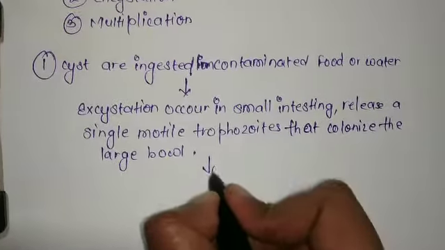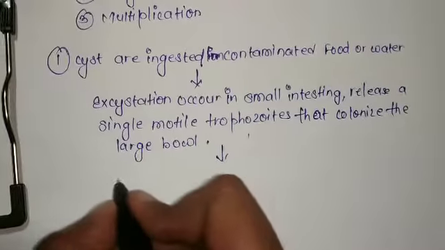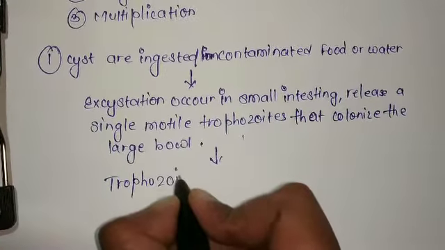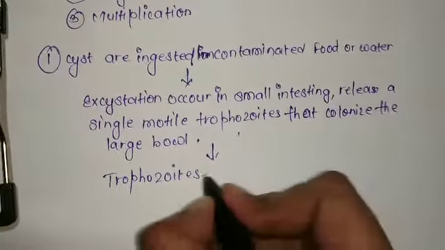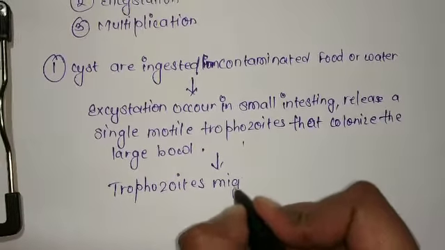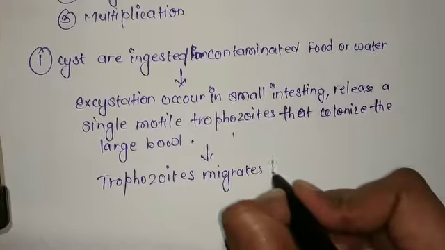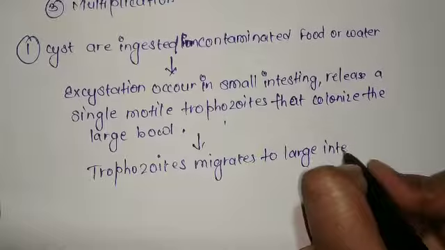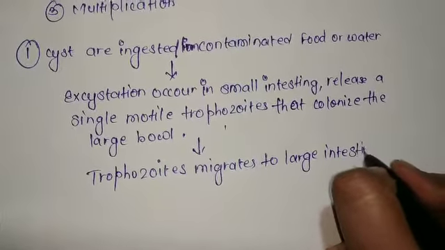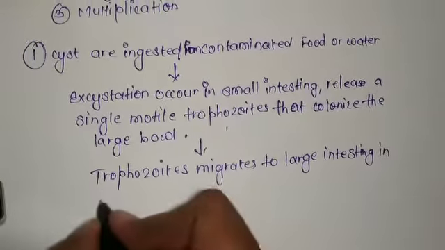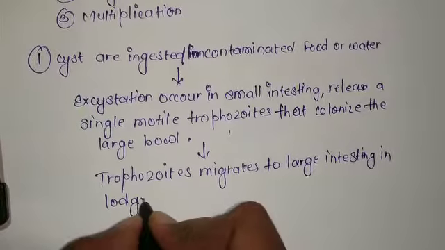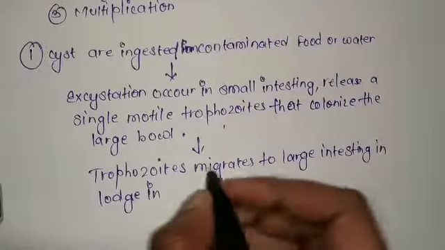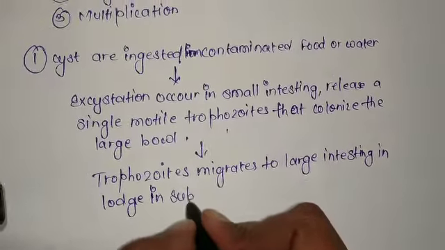After this, these trophozoites migrate to the large intestine, and they load heavily in the submucosal tissue of the large intestine.